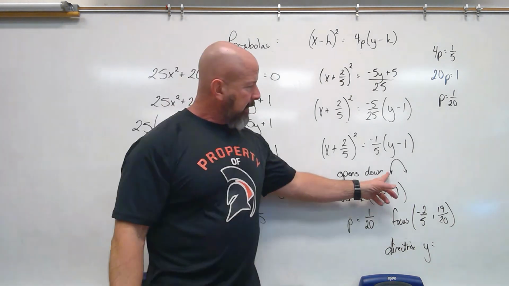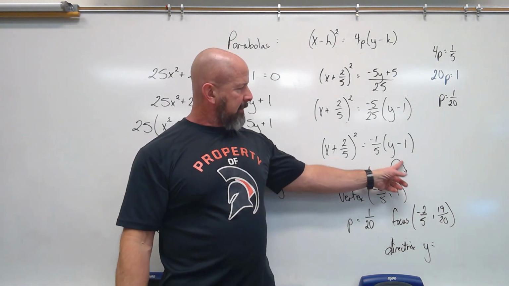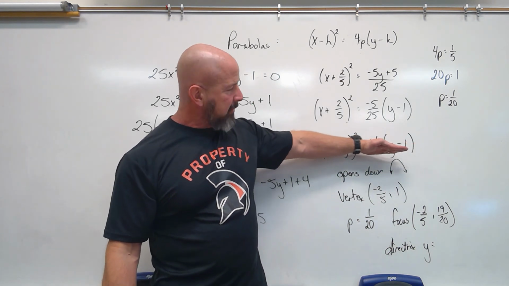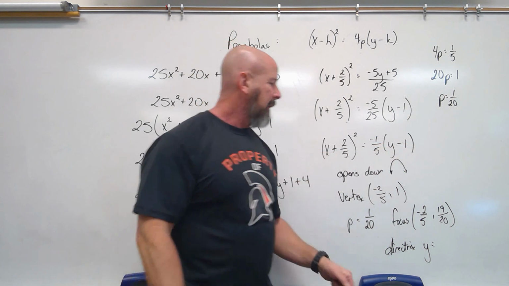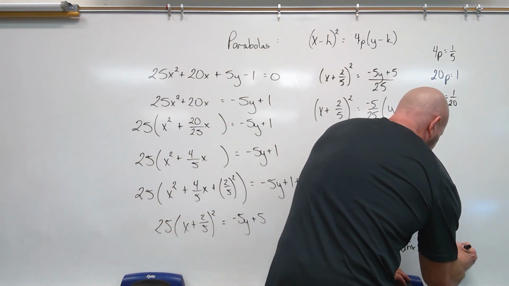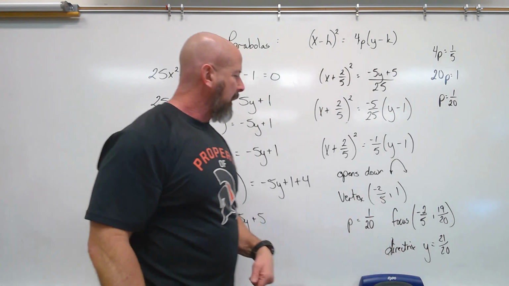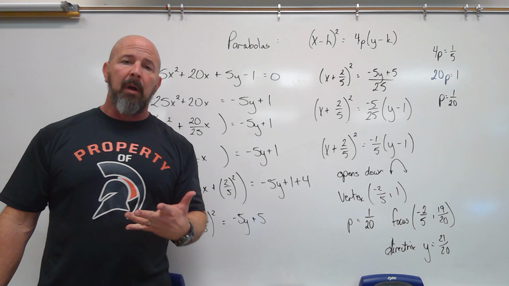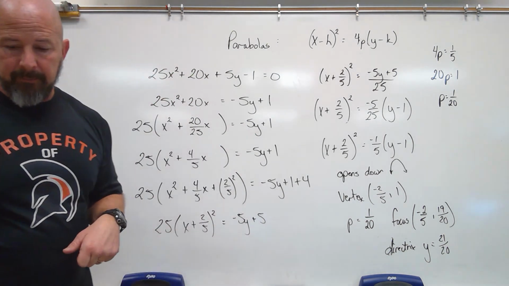Or I can look right here and go, all right, if it opens like this, well, the directrix has got to be a horizontal line sitting above it. So there's going to be my y equals, which would be y equals 21/20, because it would be 1/20 above 1. So 1 plus that 1/20 there.